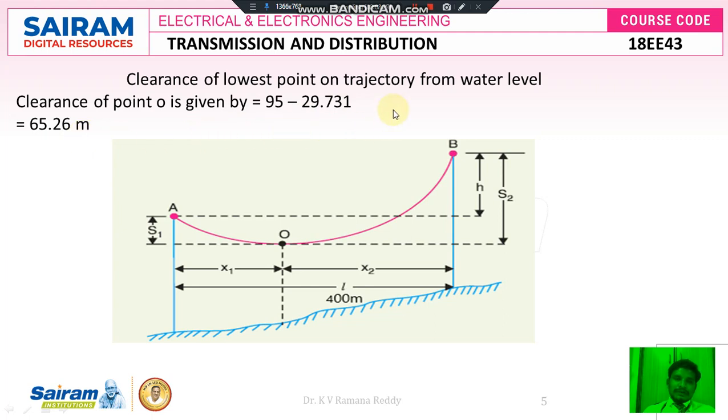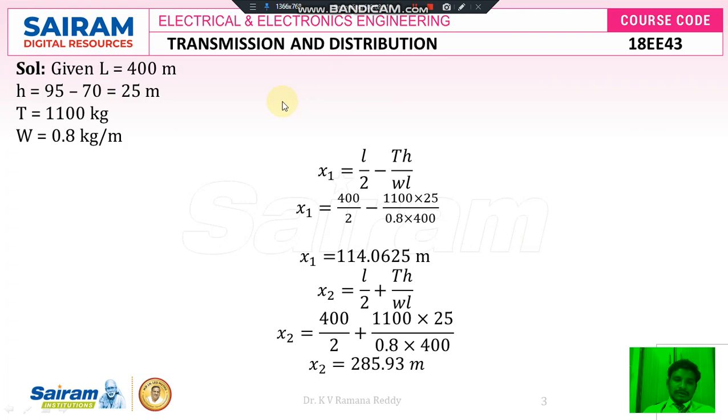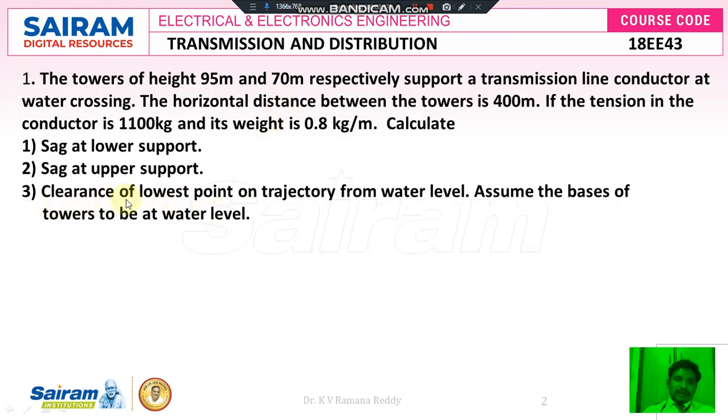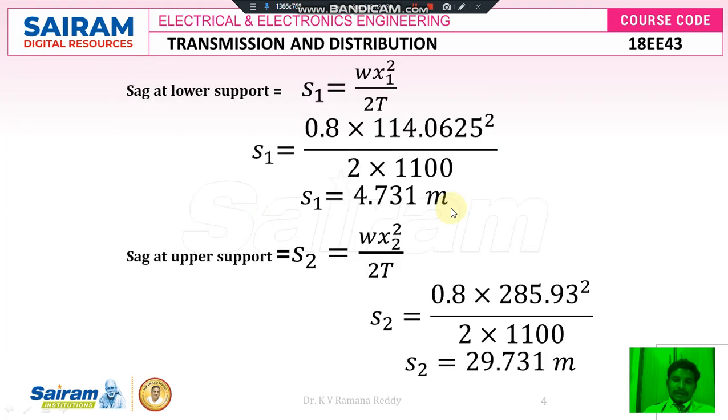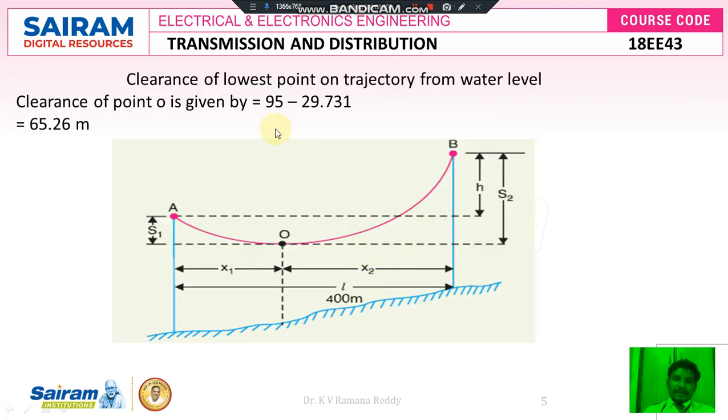By this we have calculated the third question they asked, the clearance of the lowest point on the trajectory from water level. From water level onwards, the clearance is 65.26 meters.